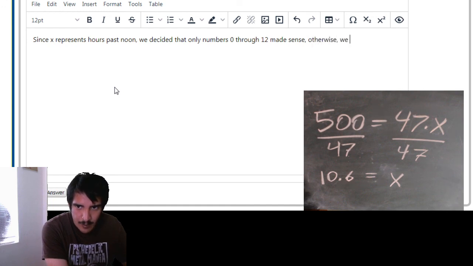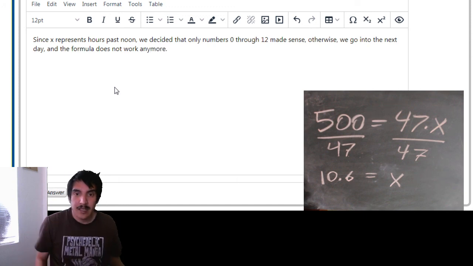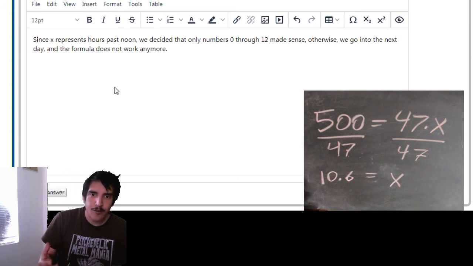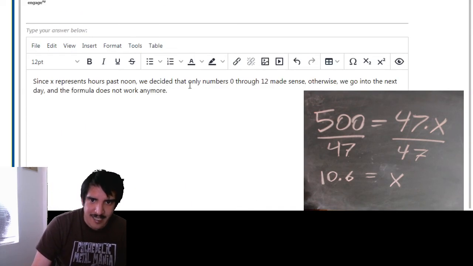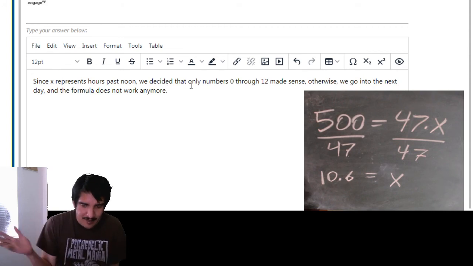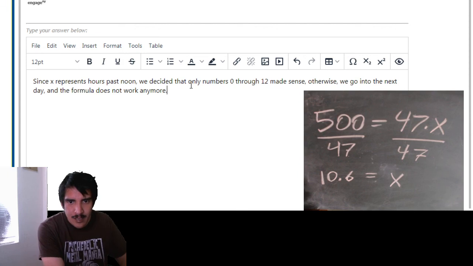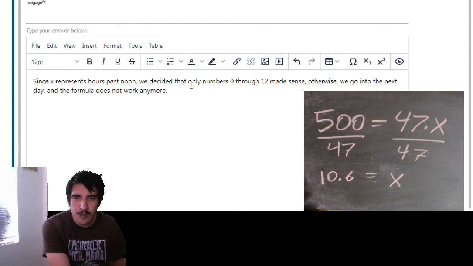Otherwise, we go into the next day and the formula does not work anymore. The formula shows it's dropping 1.5 degrees per hour, and that's not going to happen forever. The temperature's only going to drop so much, and then it's going to go back up. So only 0 through 12 would make sense.